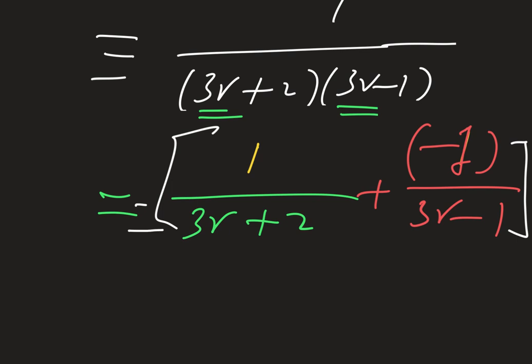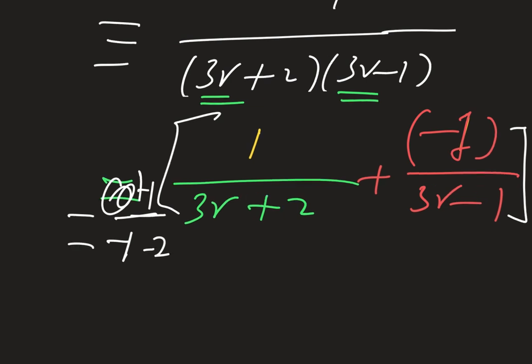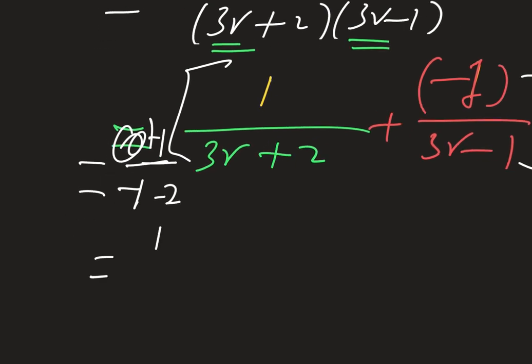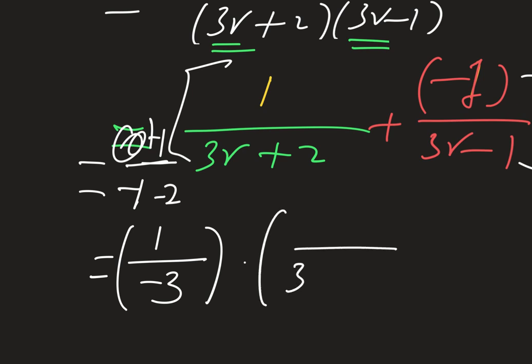You need to divide in the denominator. If I have minus 1 here, I should divide by minus 1. Minus 1 times minus 2, plus 2 is minus 2. So what you get is 1 over minus 3 times 3r plus 2 minus 1 over 3r minus 1.